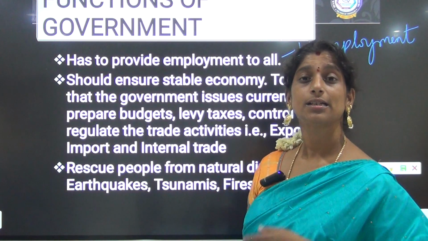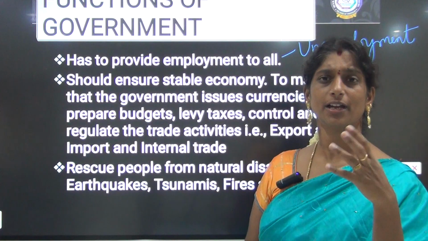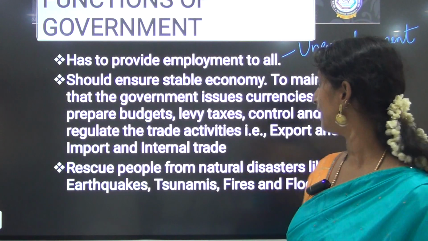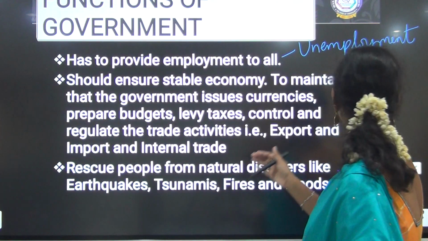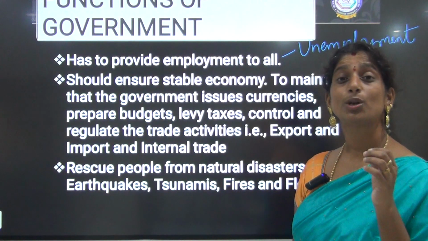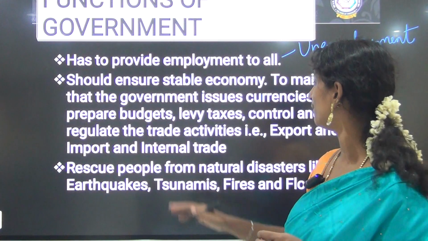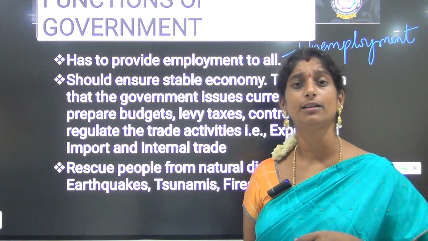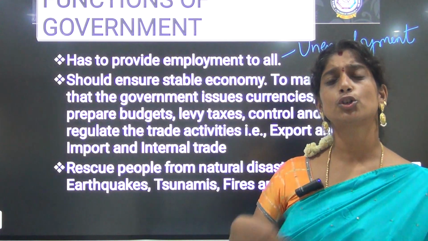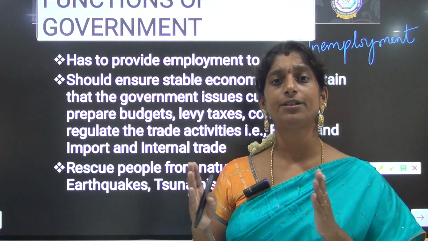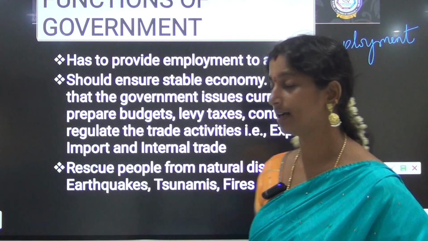It can collect taxes from the people and the very big corporate companies, export tax, import tax, everything can be collected, and it can control and regulate the trade activities of the country. Okay, so all the trade activities, let it be export, import, or even internal trade within the country, it has to be monitored and controlled by government.